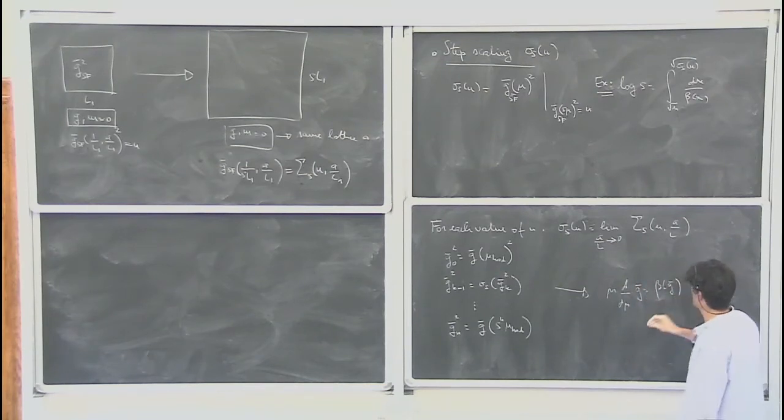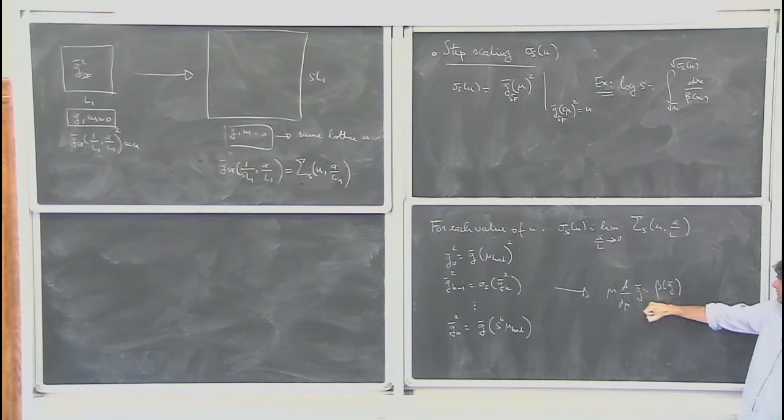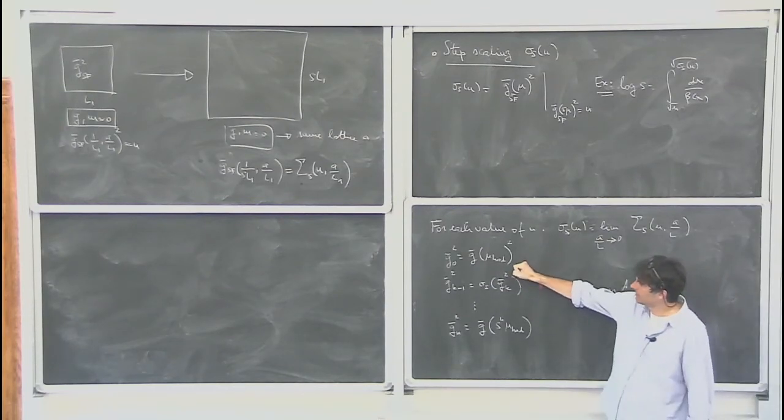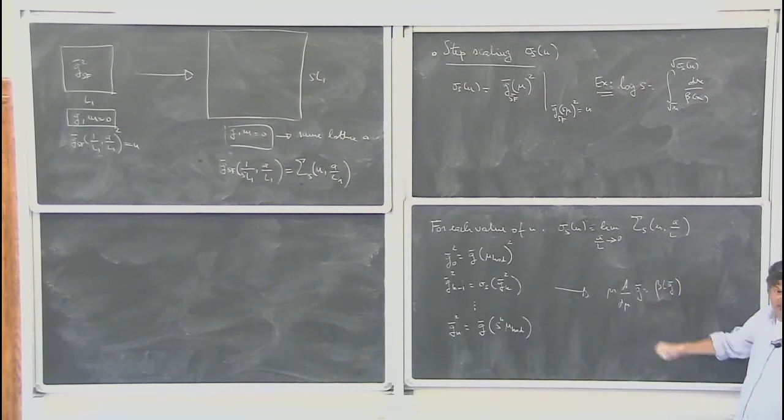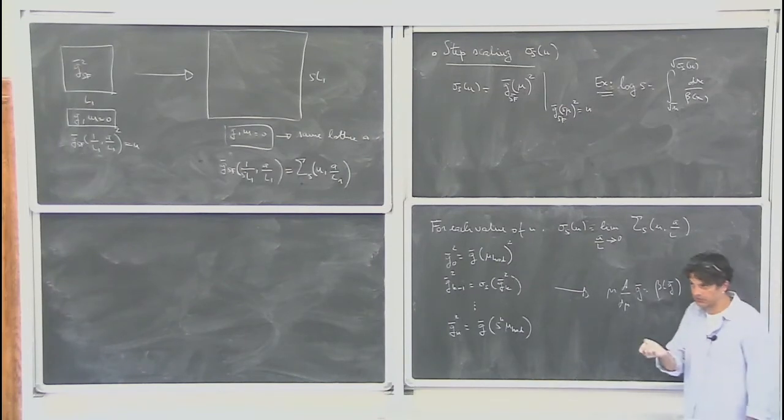Okay? So if you know the beta function, you can integrate this equation. But the beta function you only know in perturbation theory. So here we found a non-perturbative alternative to this. But we still haven't addressed the problem of the initial condition.